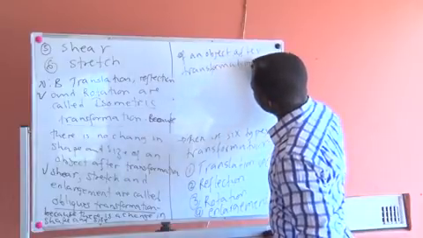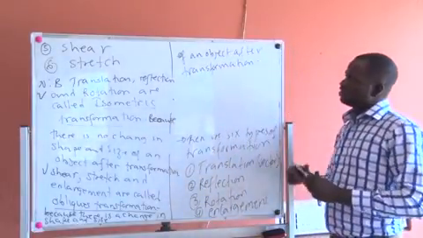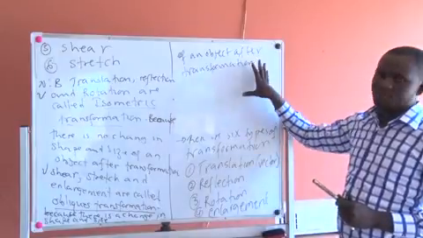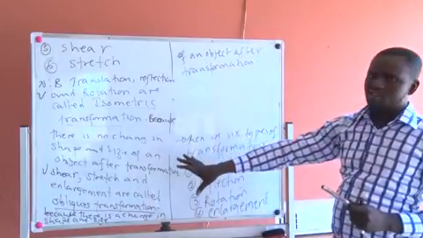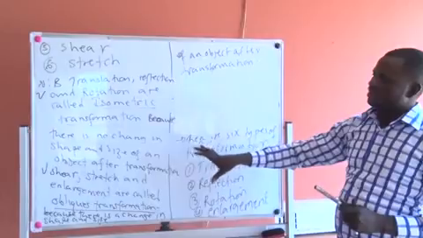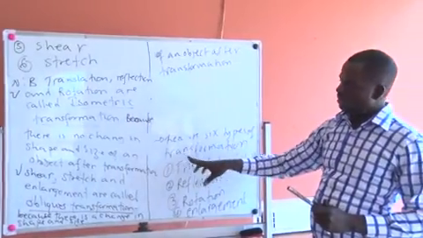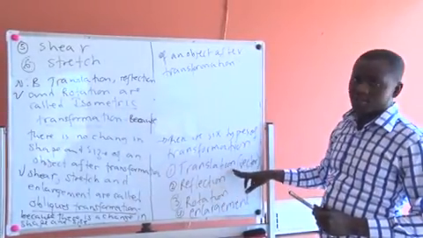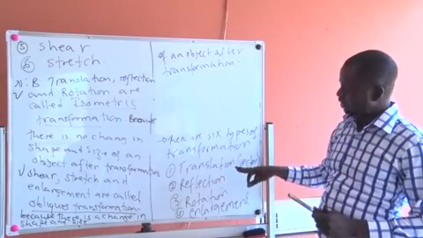So whenever the change of the shape and the size of an object is happening, it means you're dealing with the obliques transformation. So today we are going to start with the first part of transformation called translation.